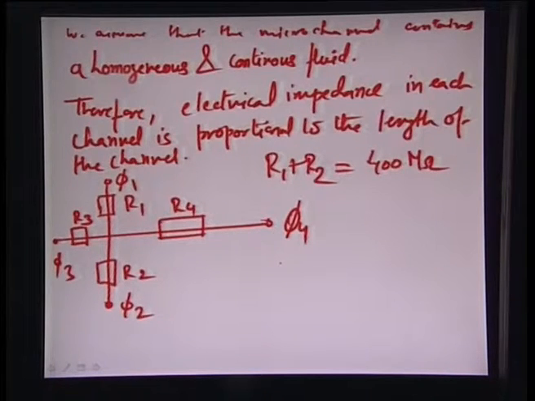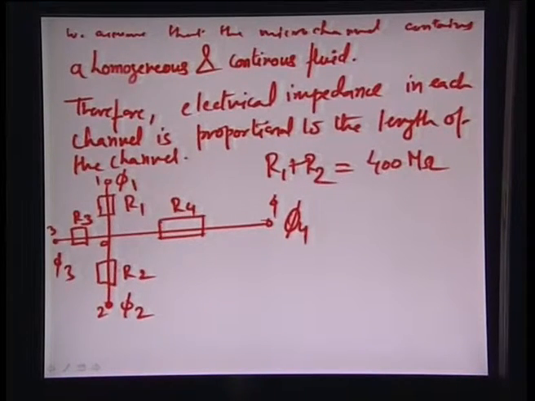We also know the lengths between 1 and 0 and 2 and 0. So this is port 1, this is port 2, this is port 3 and this is port 4. The channel lengths between 1 0 and 2 0 are the same, equal to about 20 millimeters each.